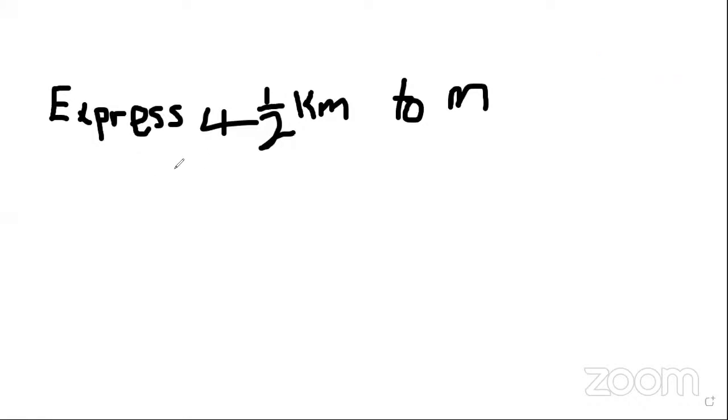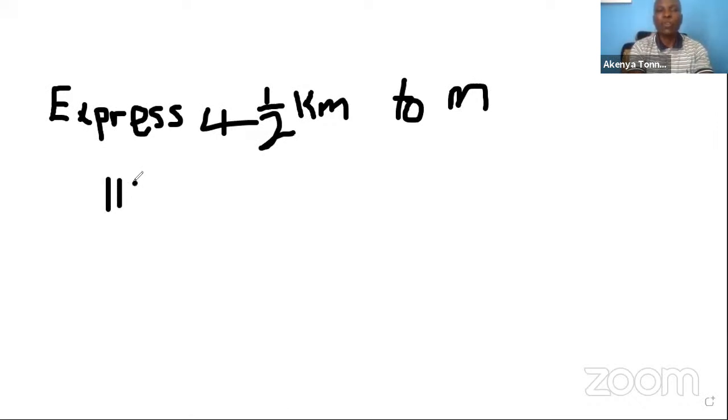I know 1 kilometer is 1,000 meters, and I changed 4 and a half to an improper fraction, and then I multiplied and started cancelling. How did you change the whole number 4 and 1 out of 2?